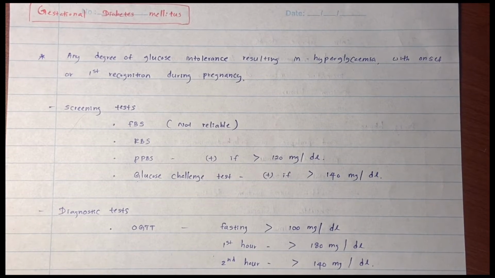Postprandial blood sugar is performed in all women at the booking visit as a screening test for gestational diabetes mellitus. If the value is more than 120 mg per deciliter, we can suspect GDM and confirm it by performing an oral glucose tolerance test, which is the diagnostic test.